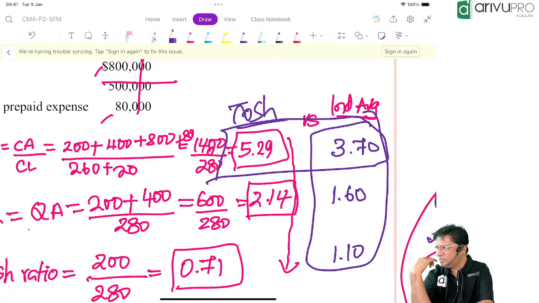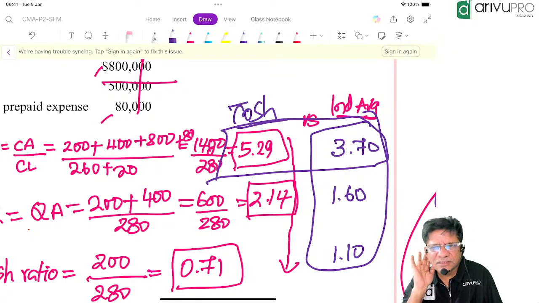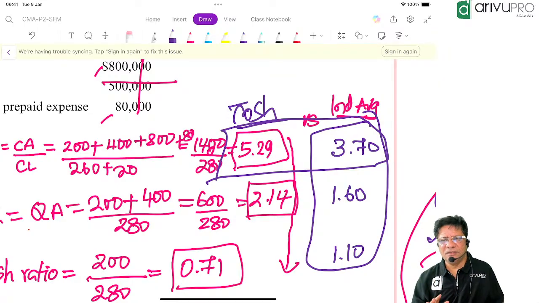Higher the current ratio, it is good. Are you all understanding my question? Okay, what is in your mind now?